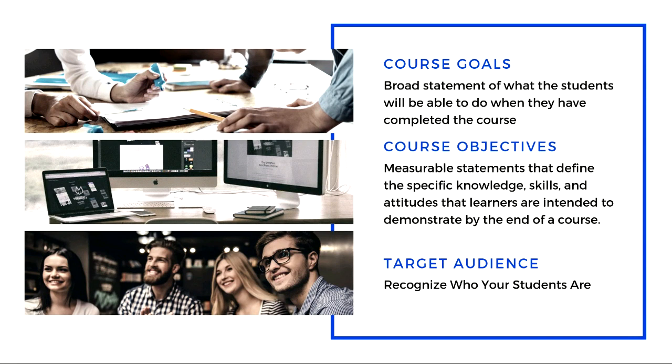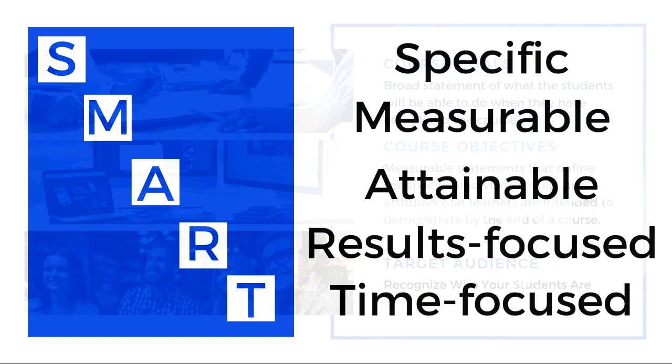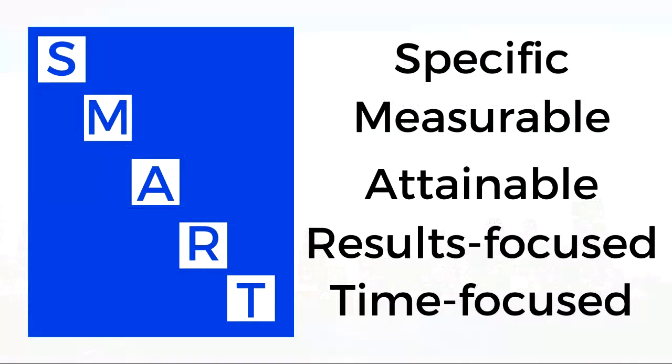So there's an acronym that you can remember when you are looking at your terminal objectives. You want them to be specific, so define your goal and methods clearly. You want them to be measurable, so how are we going to be able to measure that our students have met that knowledge? They should be attainable. Make sure they are realistic. They must also address the stated needs.